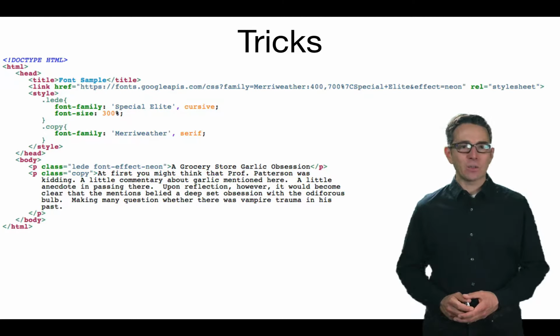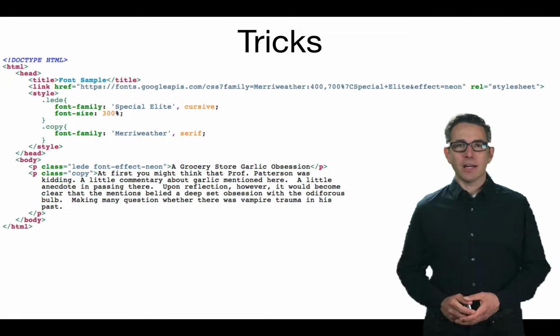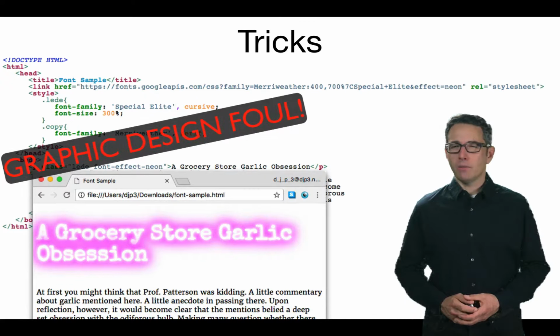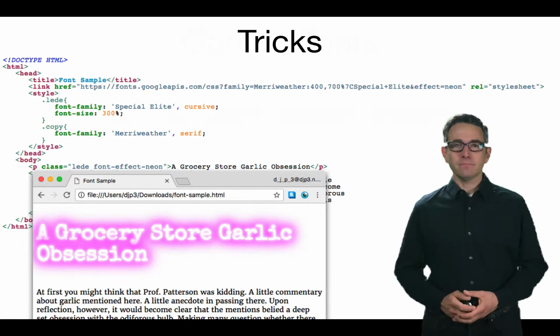Both the lead class, which is going to cause the font to render in Special Elite at 300%, but also the font effect neon, which is going to cause any font in there to be rendered in neon, provided I've downloaded it. So the difference now is that I get this, maybe what we would term an atrocity of graphic design, which nonetheless demonstrates a very powerful technical ability to convert your font to a neon mode before you download it.